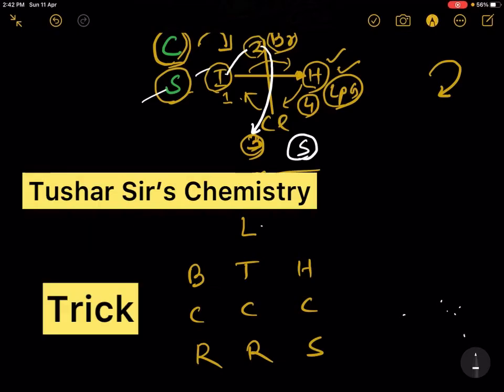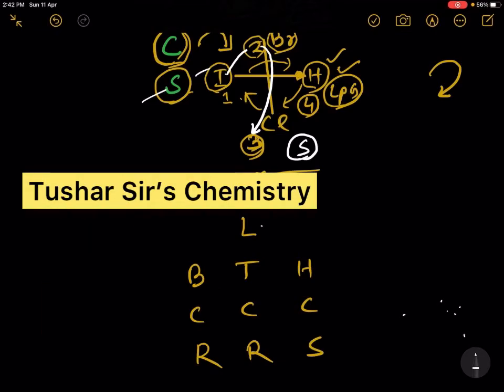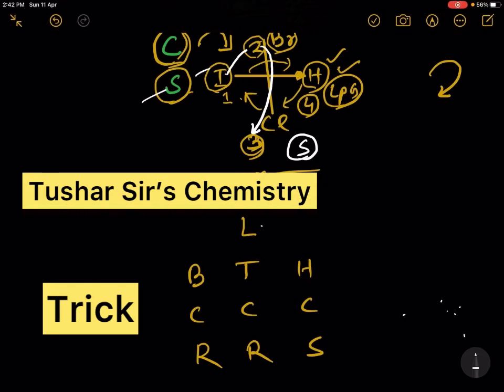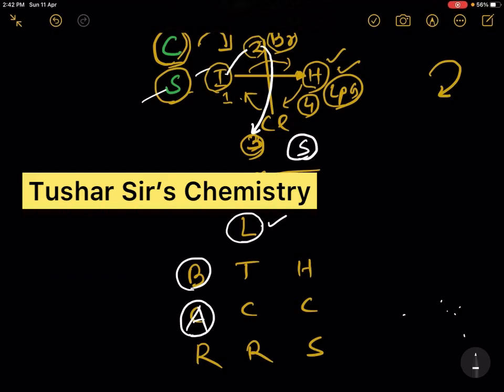The trick can be written in a different way if the rotation of priority groups is in anti-clockwise direction. If the atom or group having lowest priority is at the bottom and the movement of groups in the priority order is in anti-clockwise direction, then it should have S configuration.